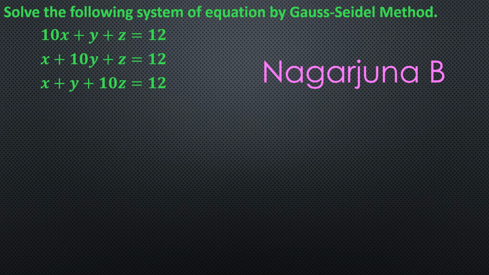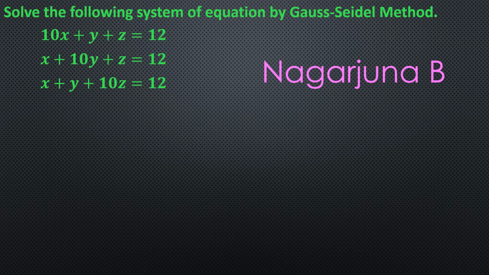As I told, to apply the Gauss-Seidel method, the system of equations should satisfy a condition, that is, the coefficient of a diagonal element should be greater than the sum of the coefficients of the non-diagonal elements.